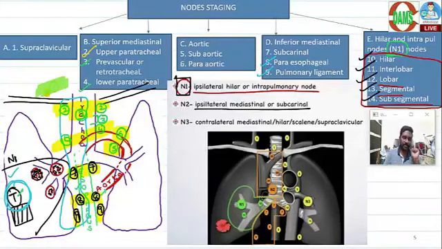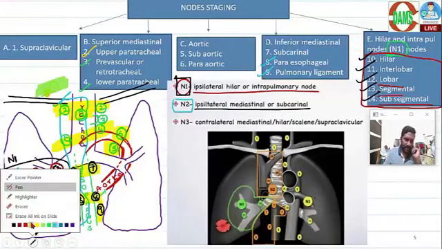All this, right from below the clavicle up to the pulmonary ligament, as I have drawn here. Disease is on the right and only right side nodes are involved. It accounts to N2.